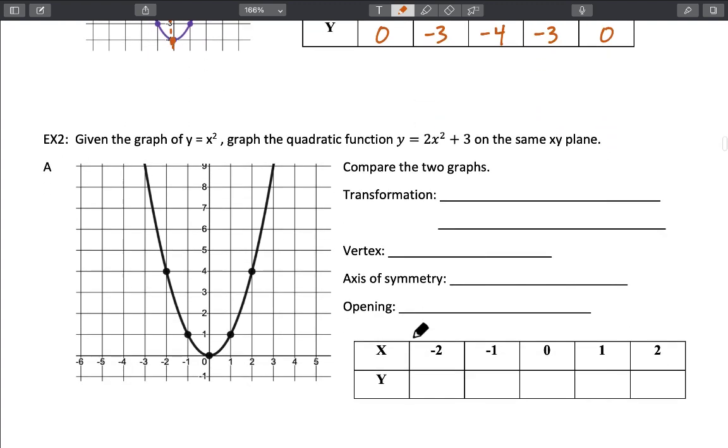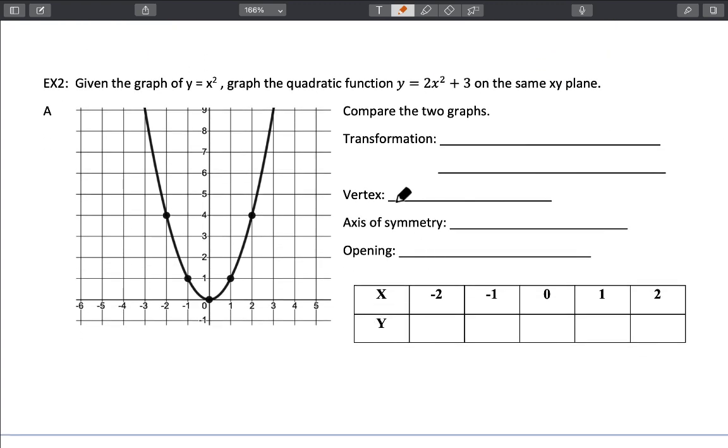Let's look at example 2, and we're going to do a little bit more complicated graph. Remember, we're graphing all of these by hand just from what we know about our parent function and our transformed function. So here we see we've got y equals 2x squared plus 3. Our a value is equal to 2. Our c value is equal to positive 3.